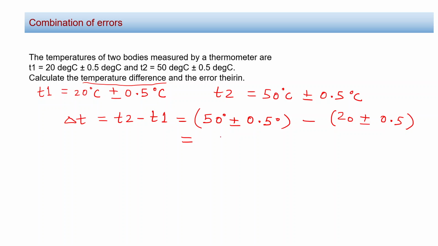The rule says that when we subtract or add two values, the error always gets added. Here the true values we subtract: 50 minus 20 gives 30 degrees, but the error always gets added, so 0.5 plus 0.5 gives 1 degree. So this will be the final answer.